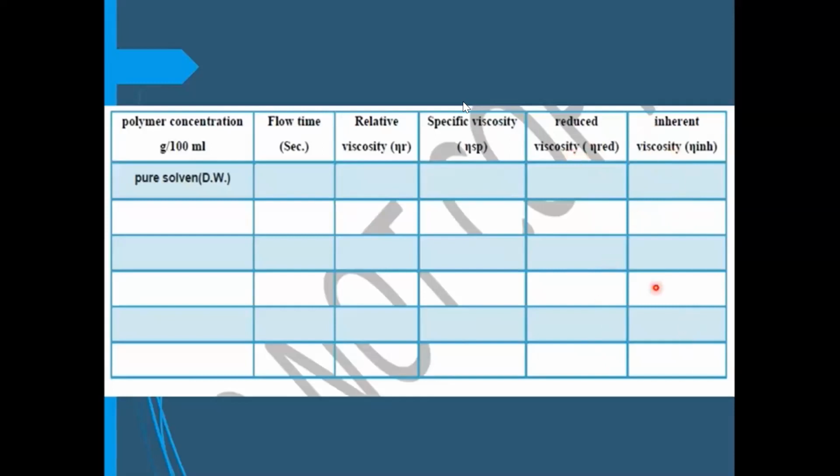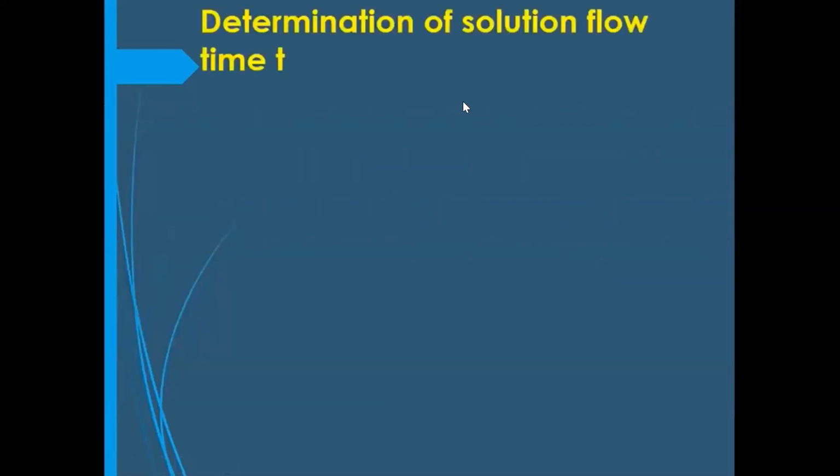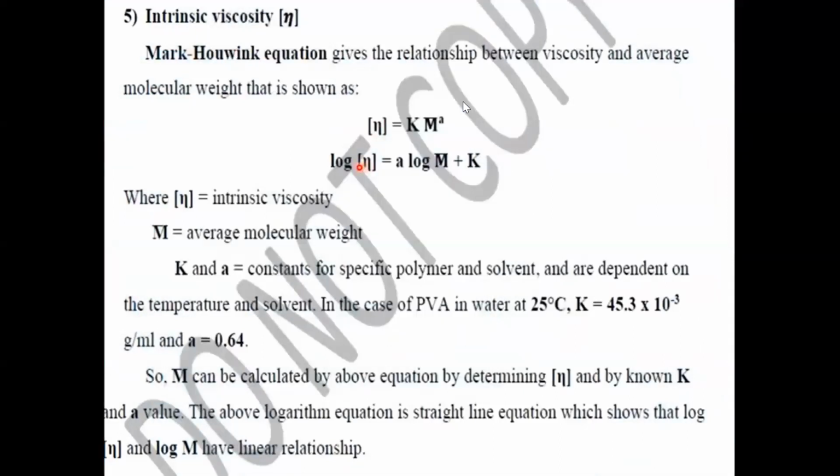Using these viscosity values, draw the line between concentration and reduced viscosity, and then between concentration and inherent viscosity, and take the intercept, which equals the intrinsic viscosity. Use it in the Mark-Houwink equation using logarithms to calculate the average molecular weight of the polyvinyl alcohol solution.